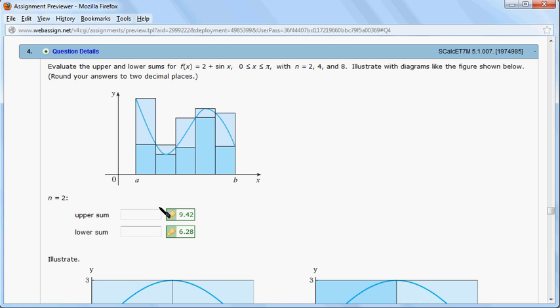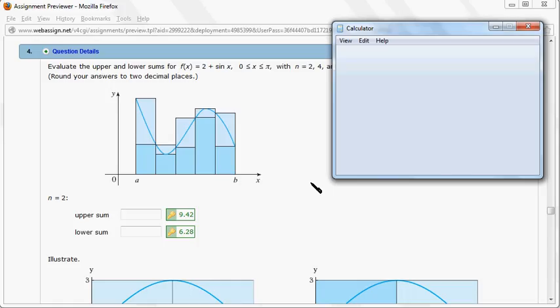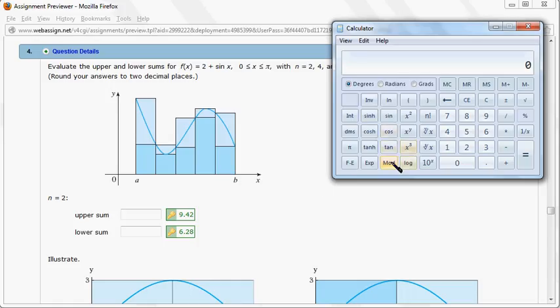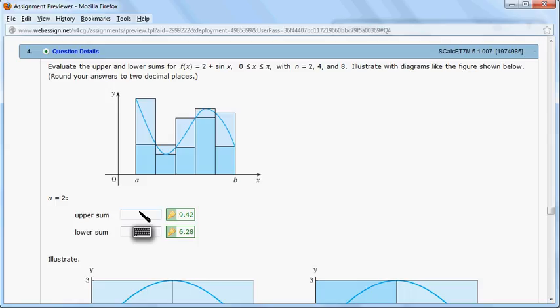Let's make sure that's the right value. I'm pretty sure that's the right value. So 3 times pi is equal to 9.42.